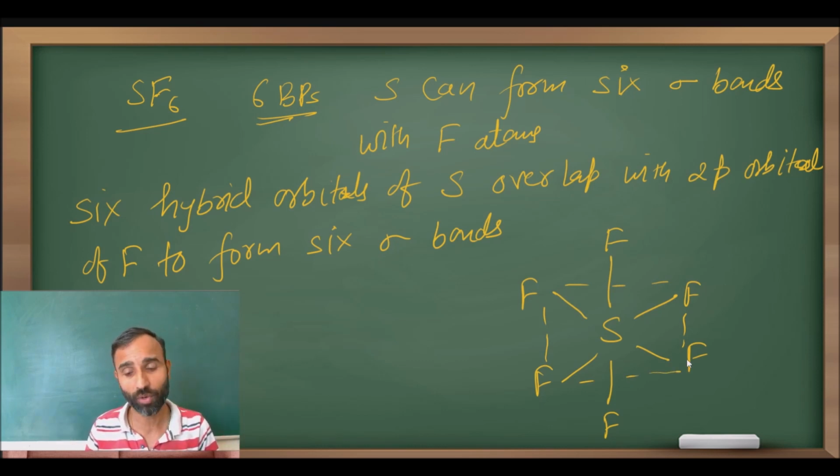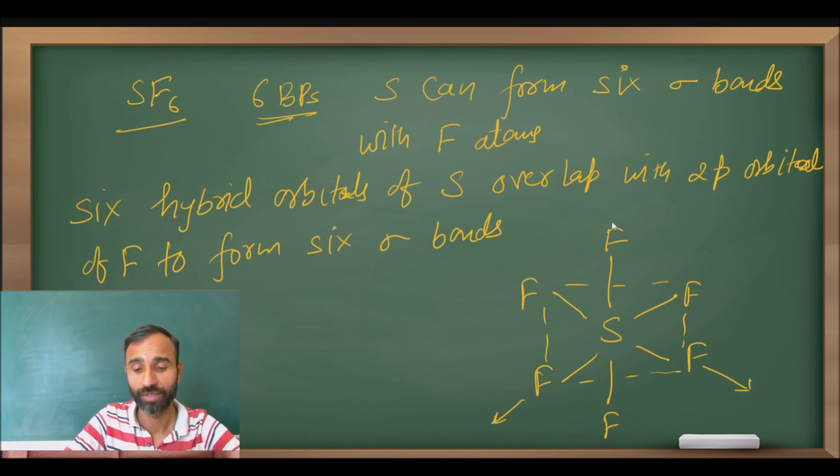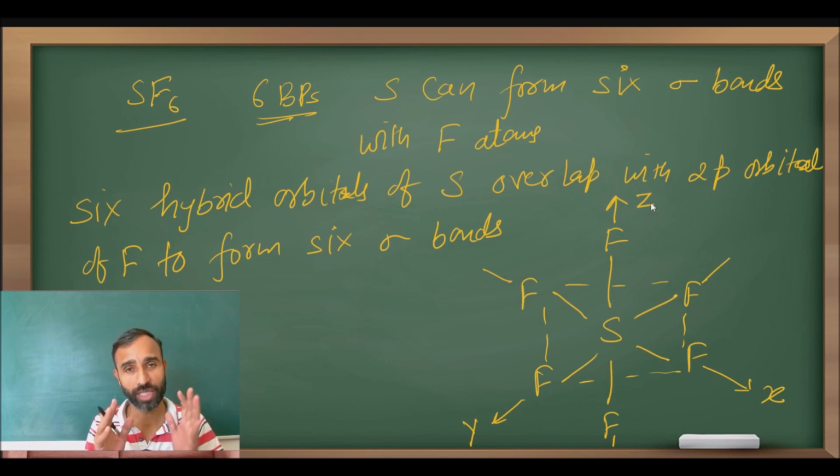There are 6 sigma bonds, and these bonds are lying along the axis. In octahedral arrangement, if two bonds are taken on the x-axis, two bonds are on the y-axis, and two bonds are on the z-axis. So the 6 bonds are lying along the 3 Cartesian coordinates.